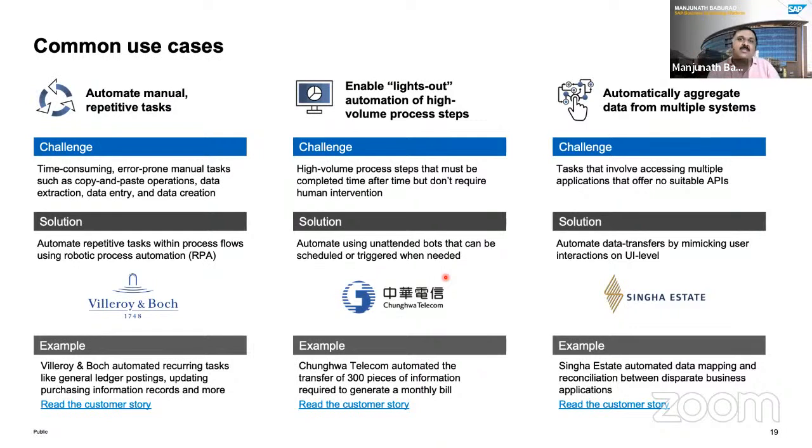So utilizing those capabilities, some customers like, let's say, Singha Estate based out of Sri Lanka are mapping the data that is coming in from disparate systems and also from systems where there are no existing APIs to collaborate with, by mimicking user actions on the UI. So this is also one common use case where we see the SAP Build Process Automation bot side of the house coming into the picture.